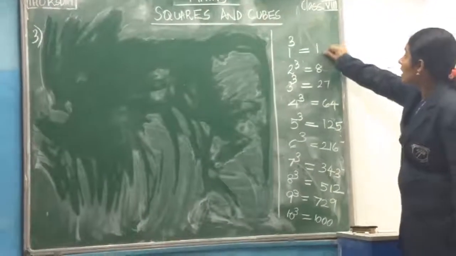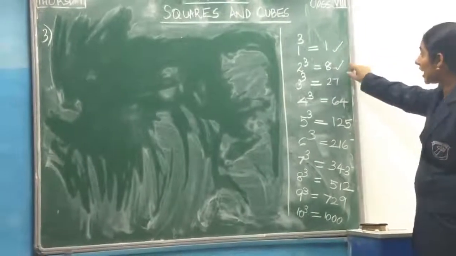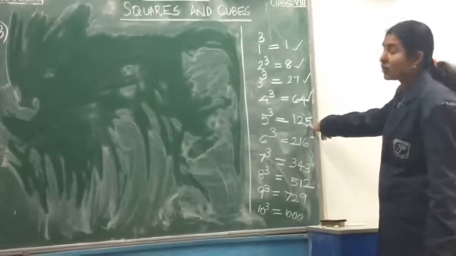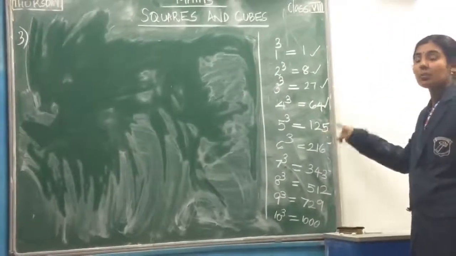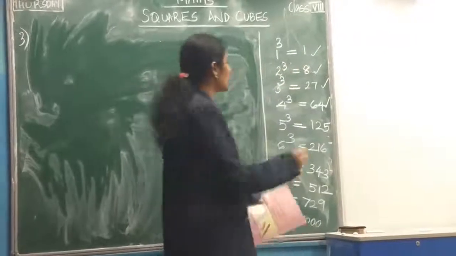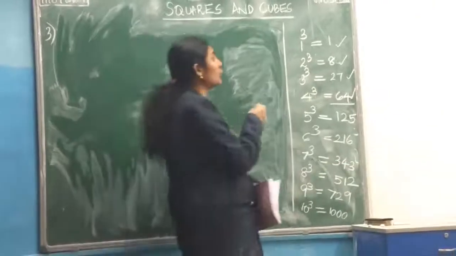From 1 you are starting. The first cube is 1, 8, 27, 64. Here this one you can't take. What is the reason? Because we are taking the cubes from 1 to 100 only. So total how many cubes are there from 1 to 100?